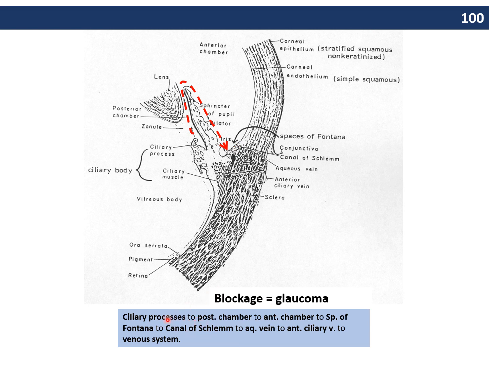So here is the full path where the ciliary processes make the aqueous. It goes to the posterior chamber, then the anterior chamber, through the spaces of Fontana to the canal of Schlemm, or the sinus venous sclera. It's from there that they reach the aqueous vein and anterior ciliary vein to return to the venous system.